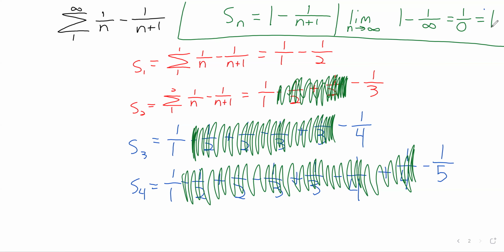So again, this is a pretty flukish situation, but we were able not only to verify that this thing converges, we were able to find what it converges to. And when this happens, it's a telescoping series.